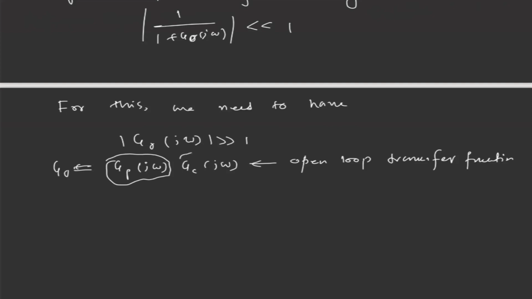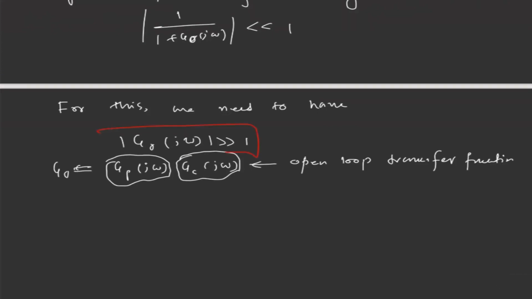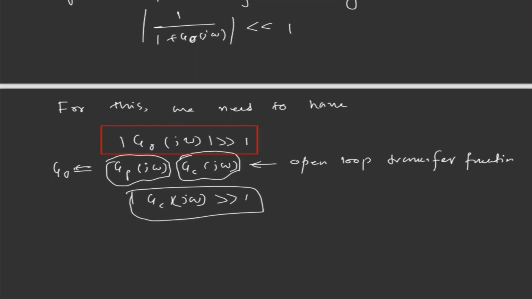Only G_C, the control algorithm, can be changed. To satisfy this condition, we should have G_C j omega be a very, very high value. So once we satisfy this condition, we can track the reference signal.